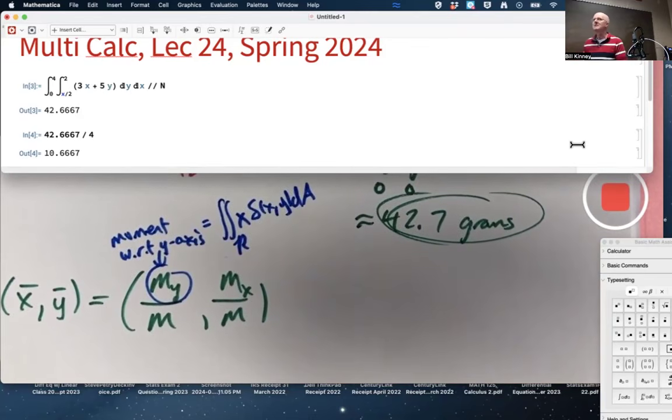Where does this come from? I'll let you read the details if you're interested. It comes from effectively the law of the lever. The fact that if you've got two masses on a teeter-totter, if you want the teeter-totter to balance, the mass times the distance should be the same on both sides.